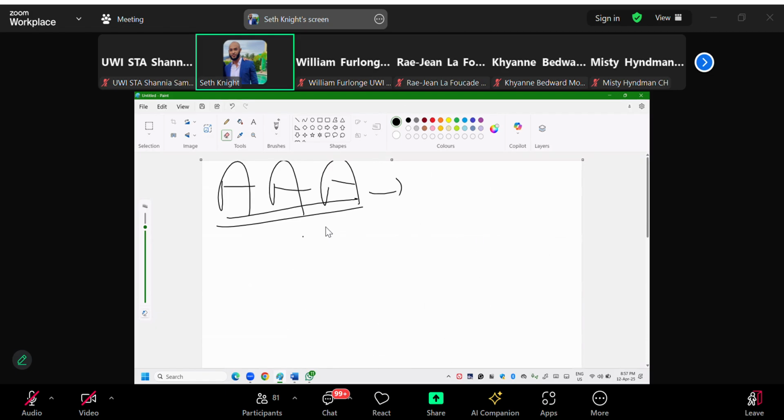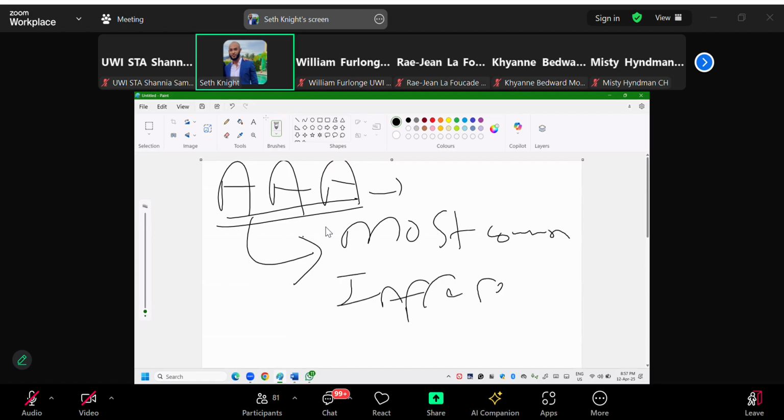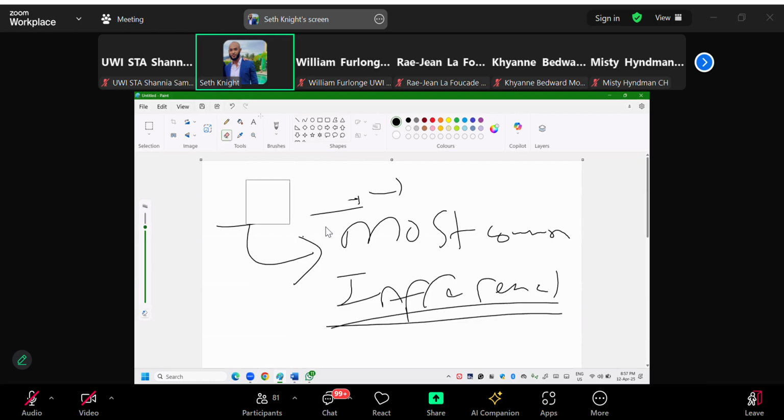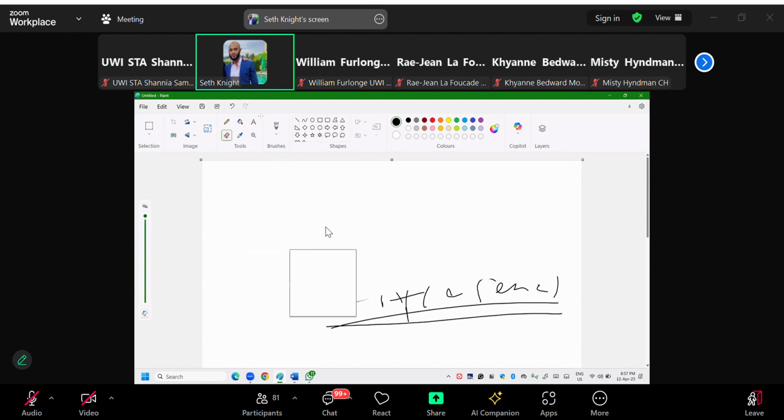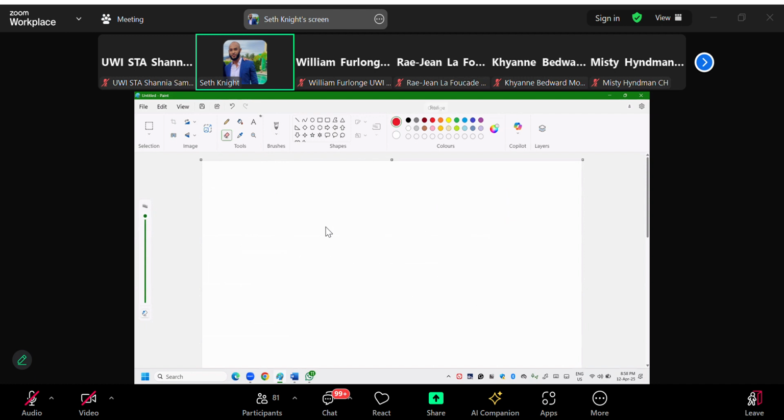All right. So what is the most common location of abdominal aortic aneurysm? The most common location is infrarenal. Infrarenal is the most common location of your triple A's. So what does that mean? That means that you have your aorta coming here.